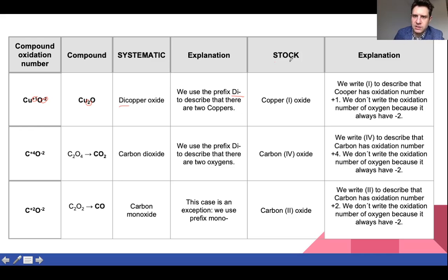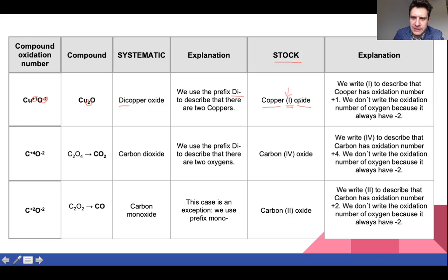In the stock nomenclature in this case, because copper has more than 1 oxidation number, we need to let the scientist know that the copper in this compound has an oxidation number of +1, which we mark here.